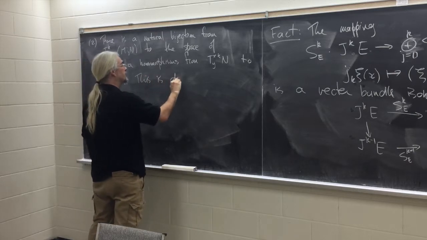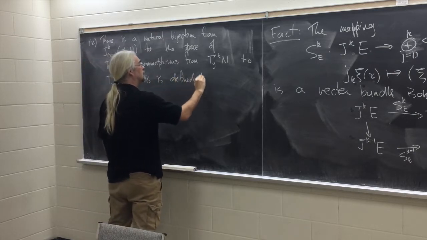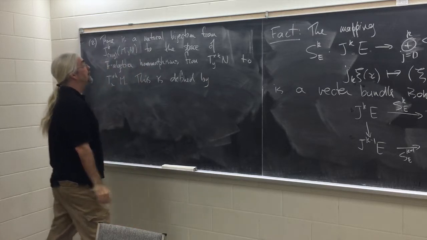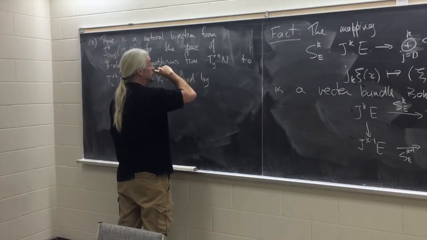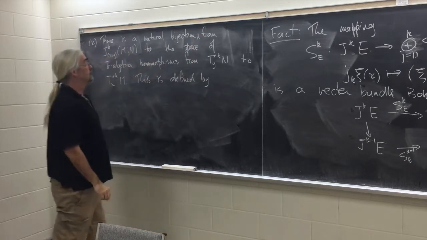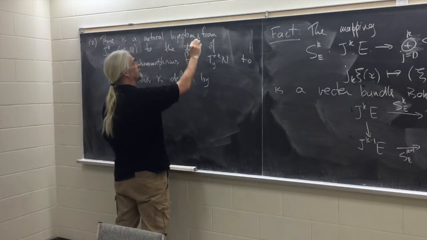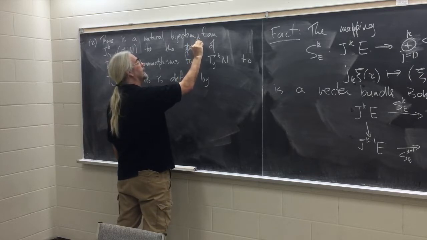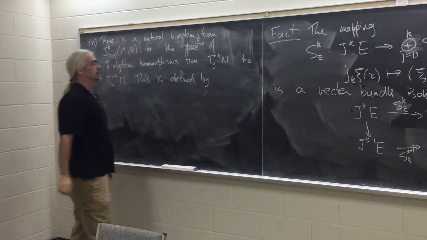So this is defined by, okay. So let me call this bijection, I probably have a name for it and I am totally not remembering it now. So for the purposes of this moment right now, let me call this iota^k_{M,N}.